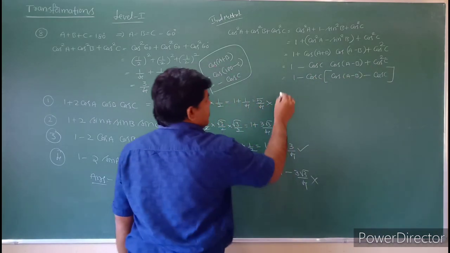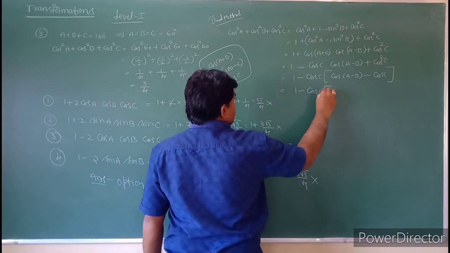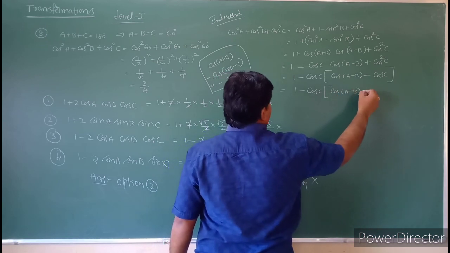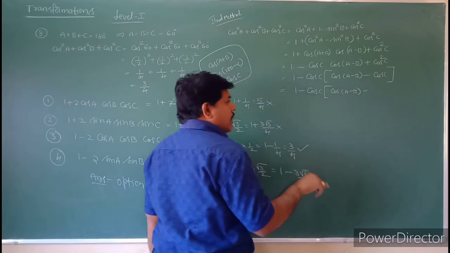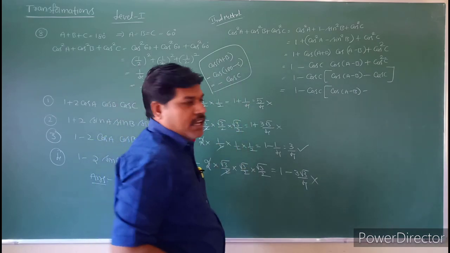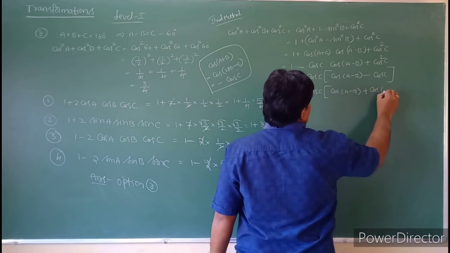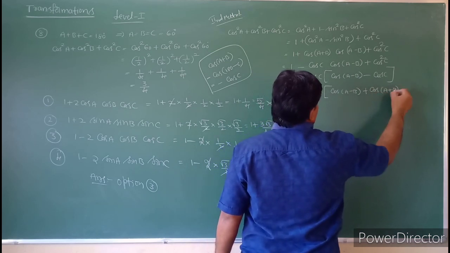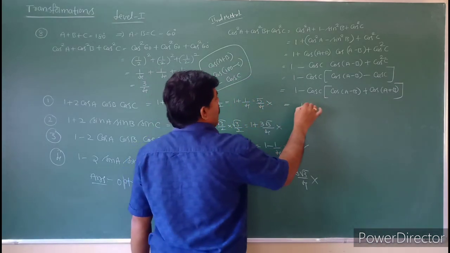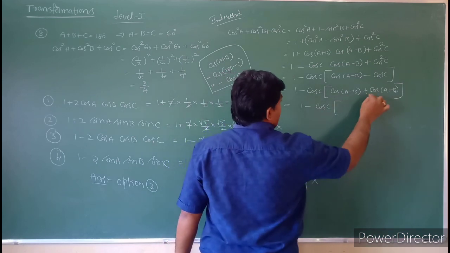So that is equal to 1 minus cos C into cos of A minus B minus cos C, and minus cos C is nothing but cos of A plus B. So that is equal to 1 minus cos C into, what is this formula, students?